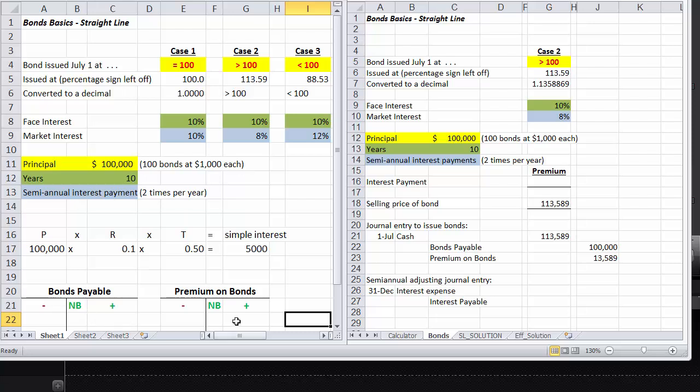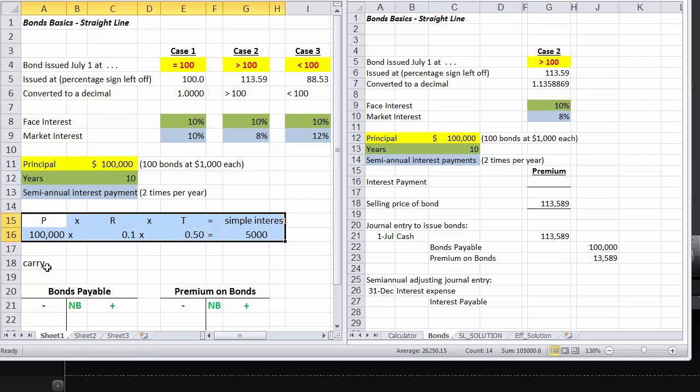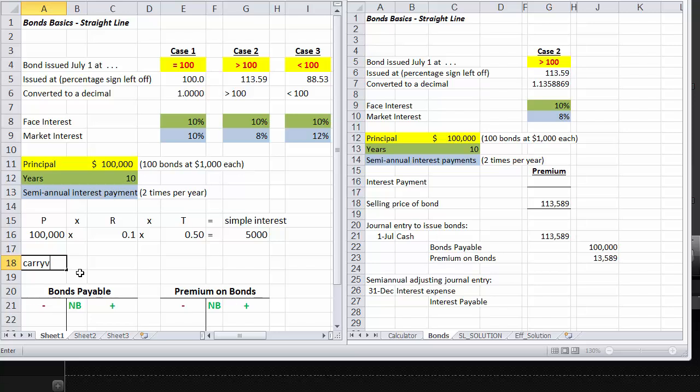So these two are added together to get our carrying value. So our carrying value will equal the bonds payable plus premium.